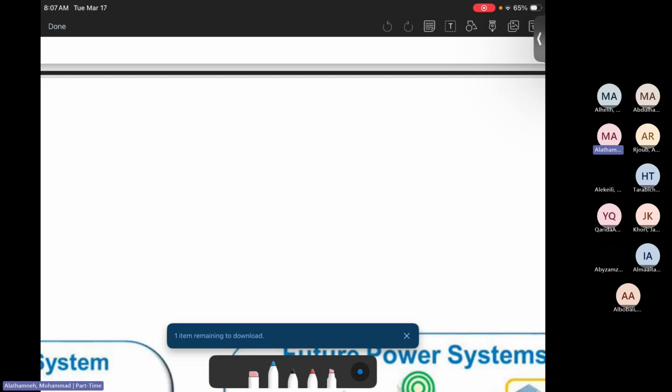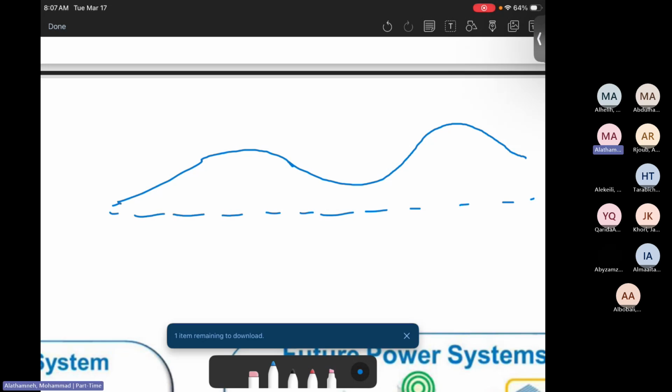Here is the load curve, a regular load curve. It goes from 12 a.m. until 12 a.m. Here the load is very low, then it starts going up because people are going to work.